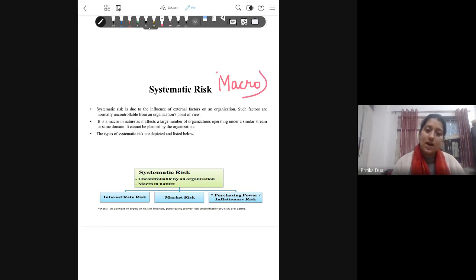So such kind of factors fall into three categories: interest rate risk, any risk which is due to interest rate fluctuations; मार्केट रिस्क, तो मार्केट में जो मार्केट सेंटिमेंट है, मार्केट में डिमांड है गुड्स की, वो सब जब फ्लक्चुएट होती है तो वो सारी कंपनीज को इम्पैक्ट करती है, एक सिंगल ऑर्गेनाइजेशन को इम्पैक्ट नहीं करती. और लास्ट इज परचेजिंग पावर रिस्क.